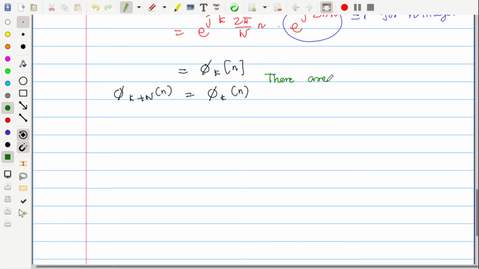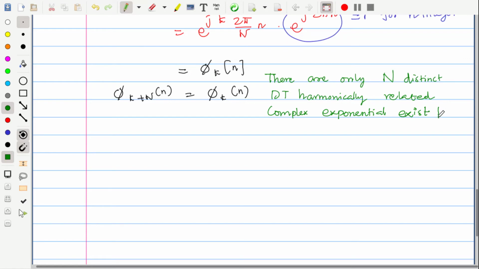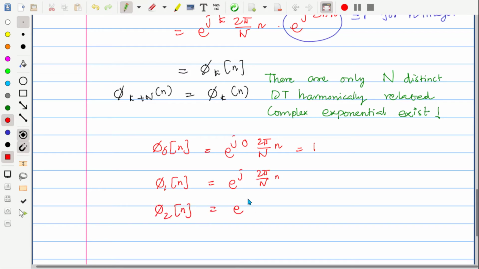So this equation proves that there are only N distinct harmonically related periodic complex exponential signals in the case of discrete time signals. These are φ0[n], which is equal to 1, φ1[n], which is e^(j2π/N n), φ2[n], which is e^(j4π/N n), and so on up to φ(N−1)[n], which is e^(j2(N−1)π/N n).